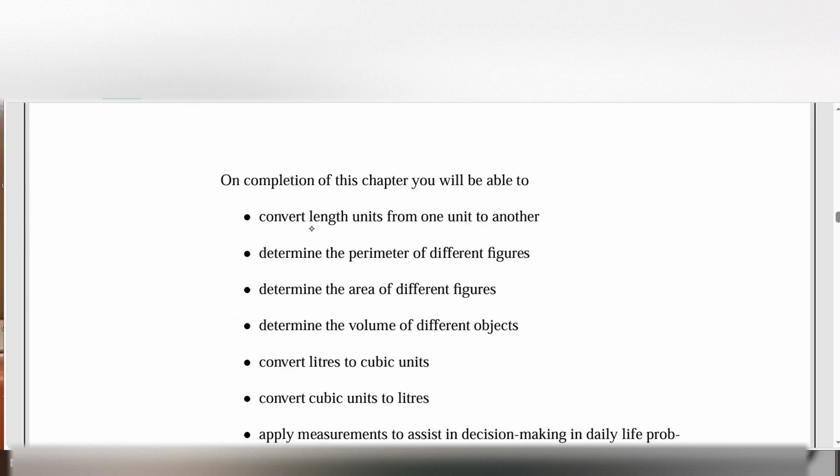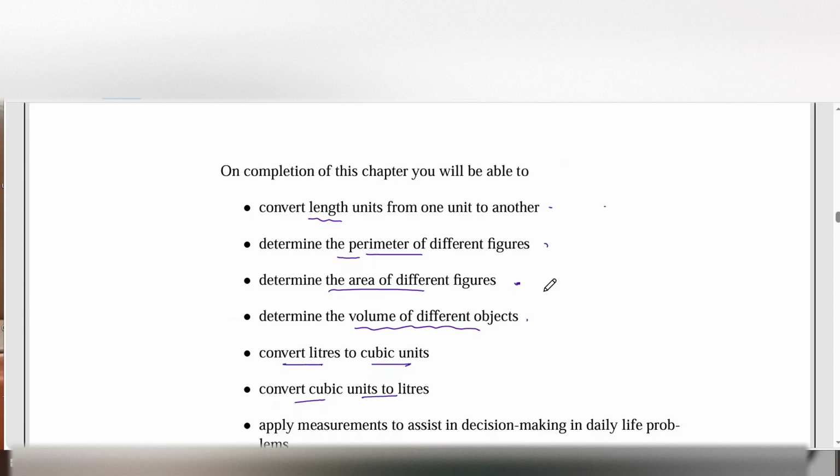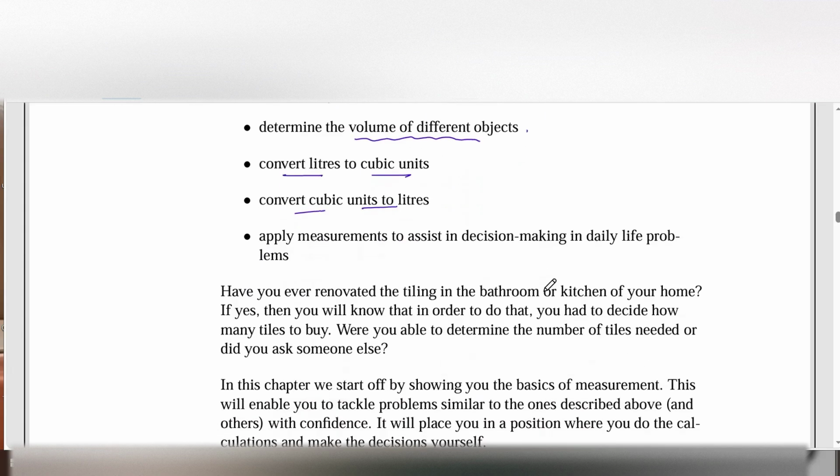Remember, whenever lengths are measured, they have units like kilometers, centimeters, or meters. So we need to know how to convert from one unit to another. We need to know how to find the perimeter of different figures, how to calculate the area of different figures, how to determine the volume of different objects, and how to convert liters to cubic units or cubic units to liters. And then how do we apply this in our day-to-day lives?